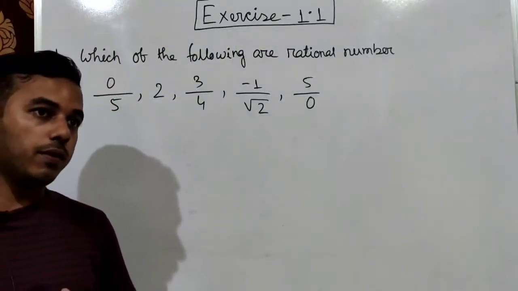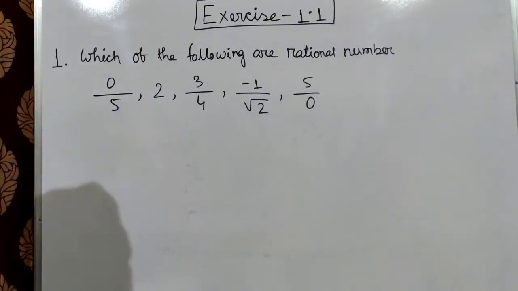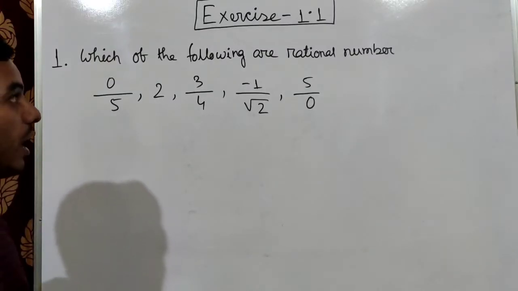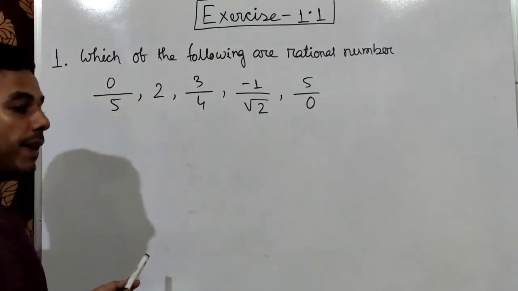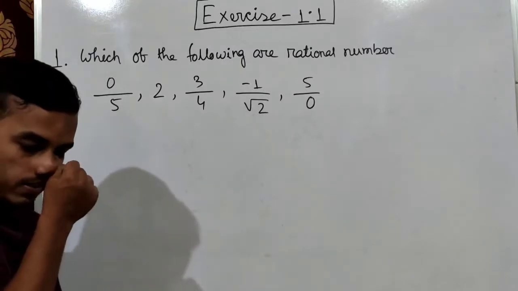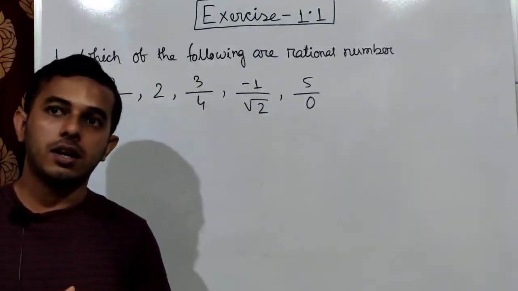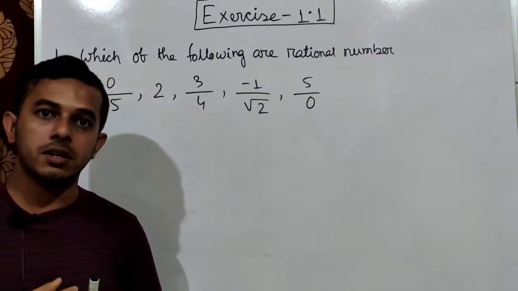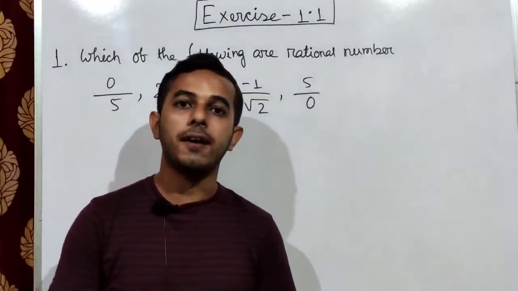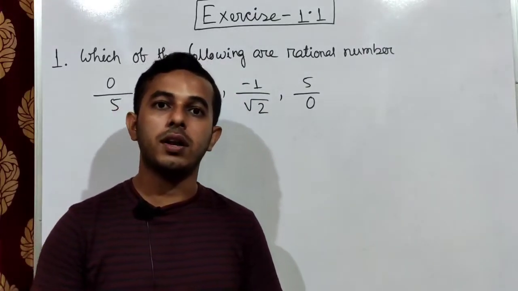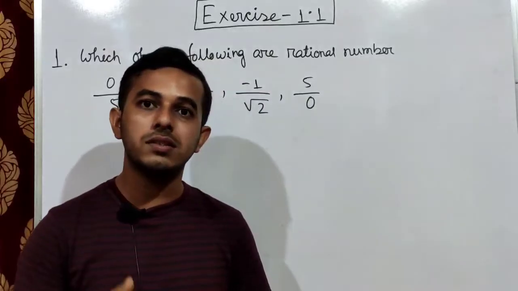So we are here with our first question of our first exercise, that is 1.1. The question is, which of the following are rational numbers? Before finding the rational numbers, let us recall what a rational number is. A rational number is a number which can be expressed in the form p by q, where p and q are integers and q is not equal to 0.